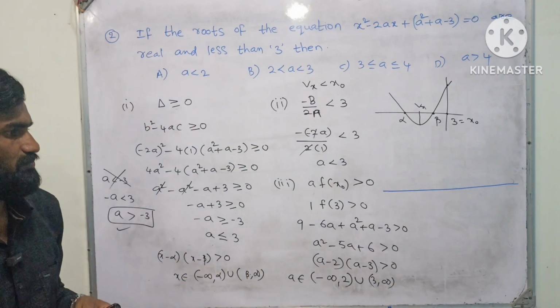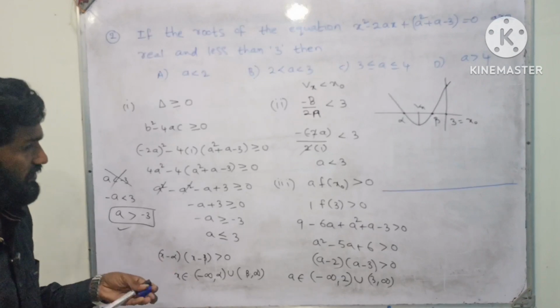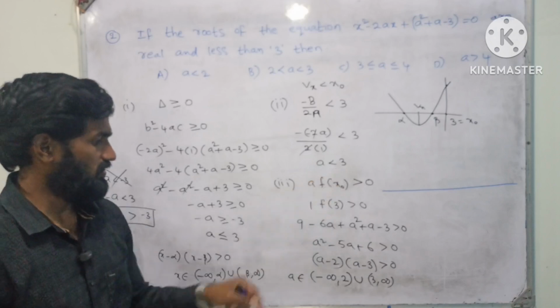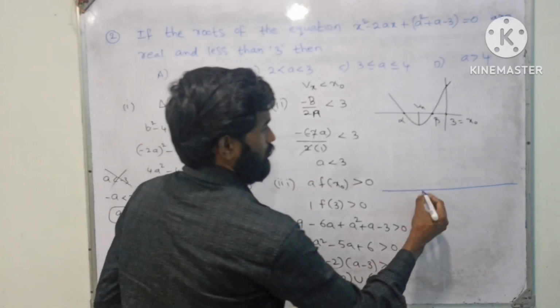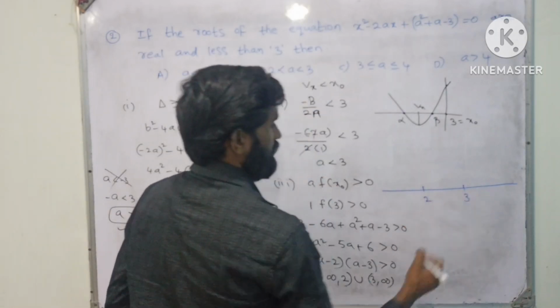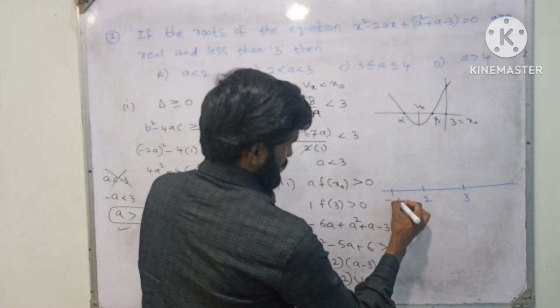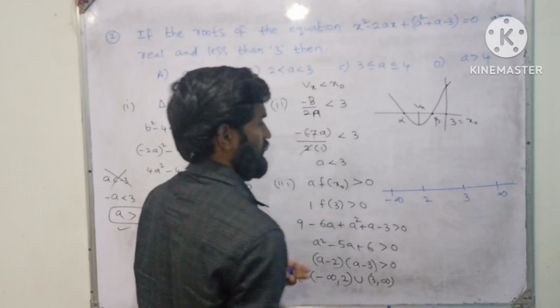Now what are the numbers you are observing here? You are observing 3, here also 3, and here 2 and 3, and also plus infinity and minus infinity. This is minus infinity and this is plus infinity.